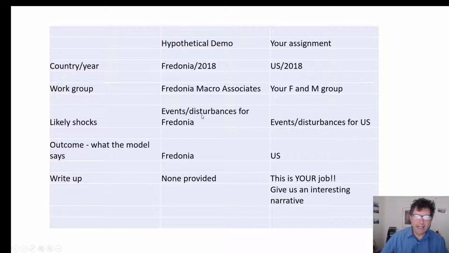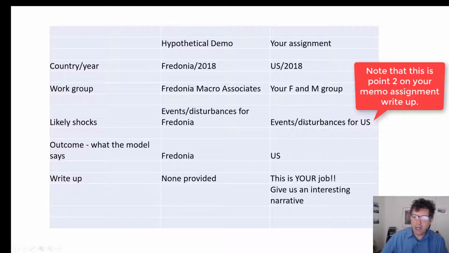They'll be looking at the likely shocks for Fredonia, the events and disturbances that may take place, and you'll be doing the same thing. We're going to be looking at what the model says for Fredonia. You'll be looking at the United States. The only difference here is that we're not giving you a write-up for Fredonia, but for the United States, that's your job. You need to give us an interesting and well-reasoned narrative, okay?